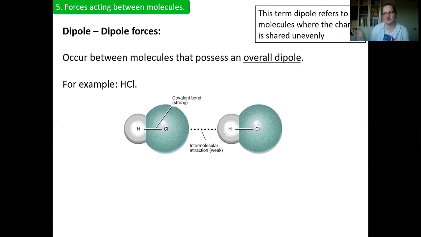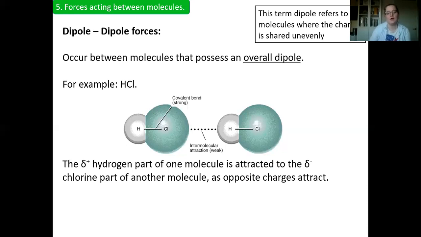Inside our molecule, our intramolecular force is our covalent bond, which is nice and strong. But our dipole-dipole force occurs between one molecule of hydrogen chloride and another molecule of hydrogen chloride. So it's an intermolecular attraction, and it's a dipole-dipole force because it's between one molecule that's a dipole and another molecule that's a dipole. And it is weak.